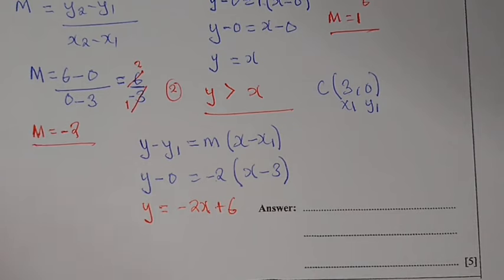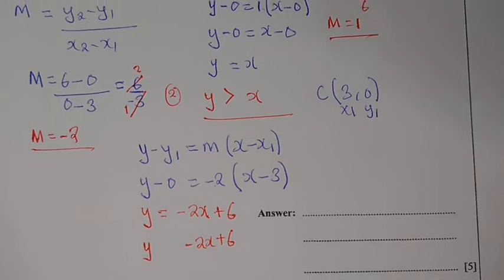So what we can do is we write y, we leave space, because we need to come up with an equation. We write y, we leave space, then -2x plus 6. Then we go back to our diagram so that we check which region we are going to define.